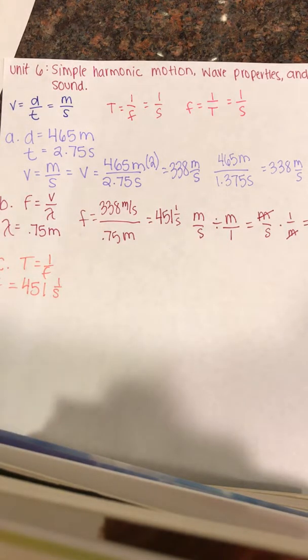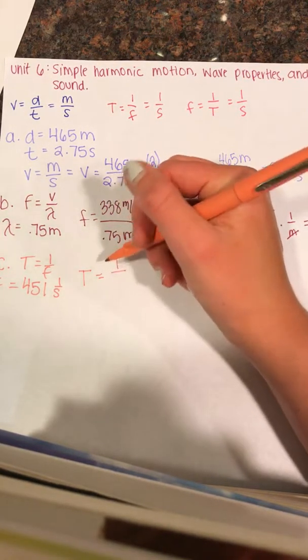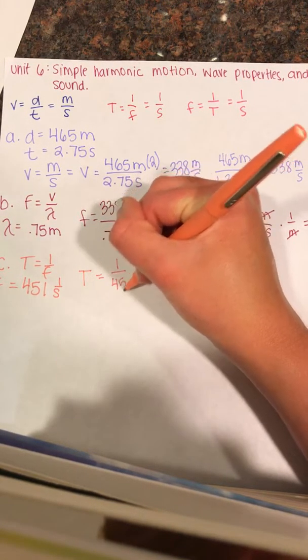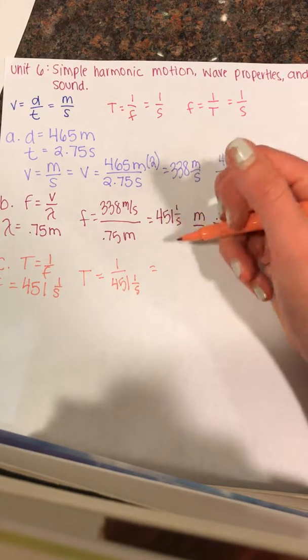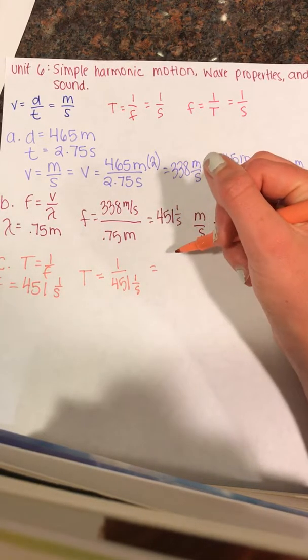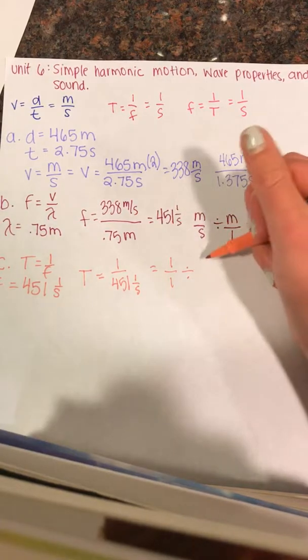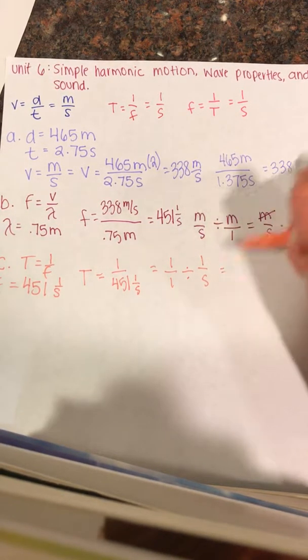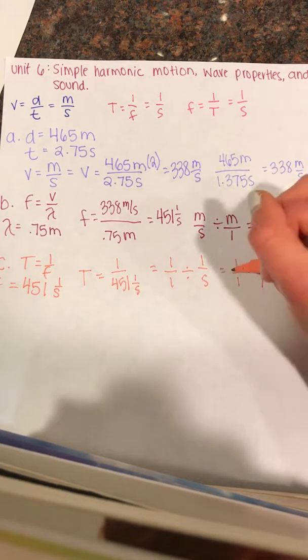That all we would have to do is plug in T equals 1 over 451, 1 over s, which would equal, for our units, we would have 1 over 1 divided by 1 over s, which again is equal to 1 over 1 times seconds over 1.